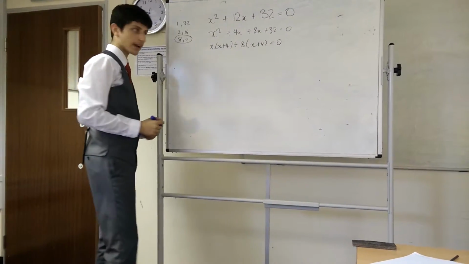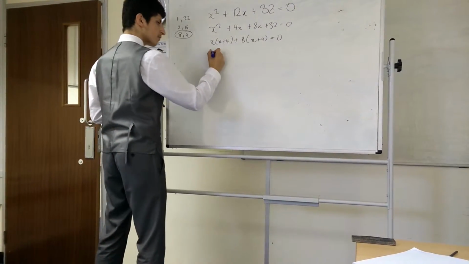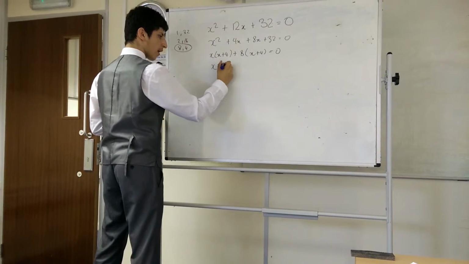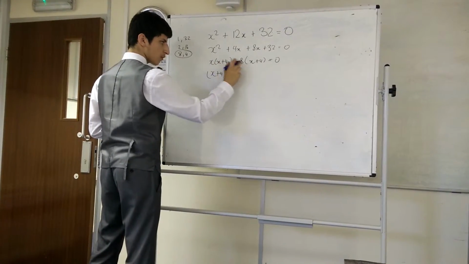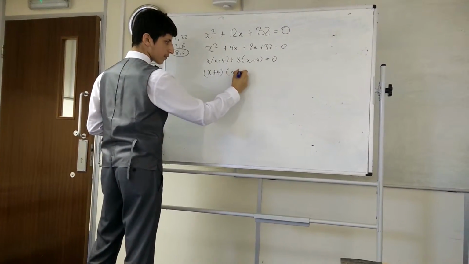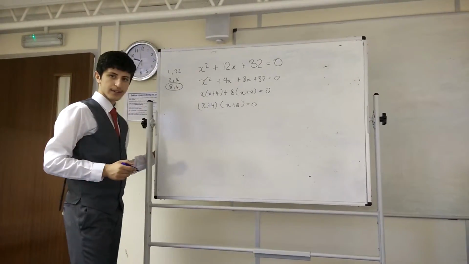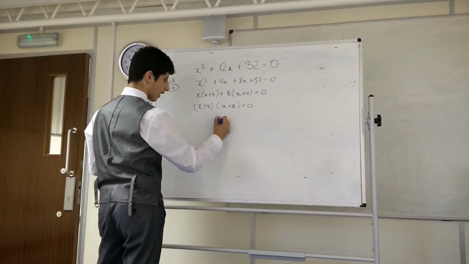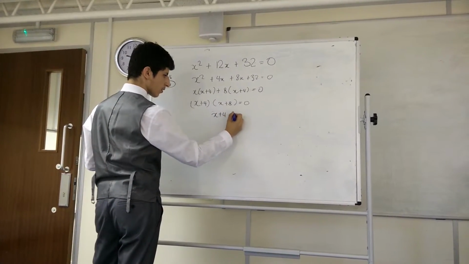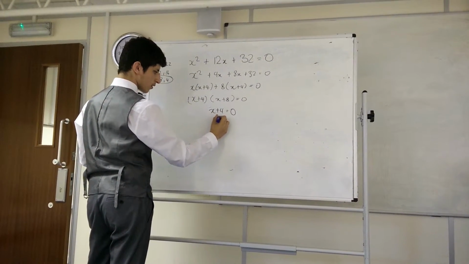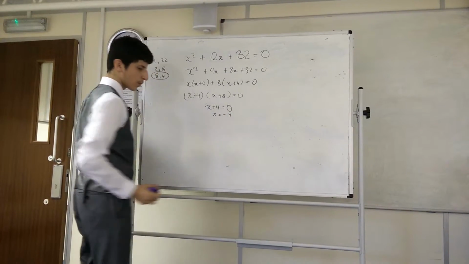Taking a common factor out of x plus 4, we get x plus 4, then x plus 8 is equal to 0. If x plus 8 is equal to 0, or x plus 4 is equal to 0, solving this equation, x equals minus 4.